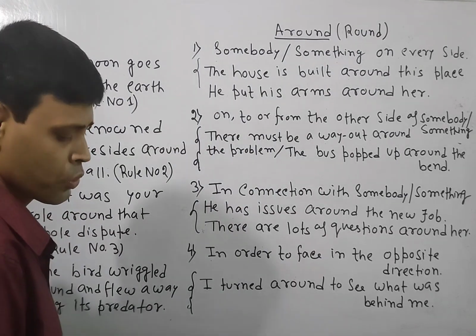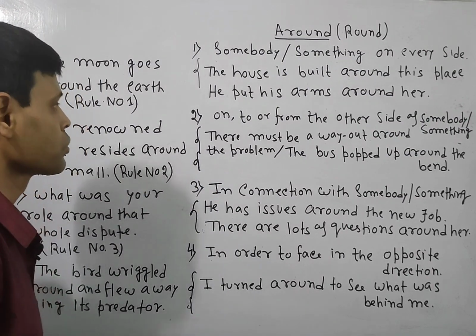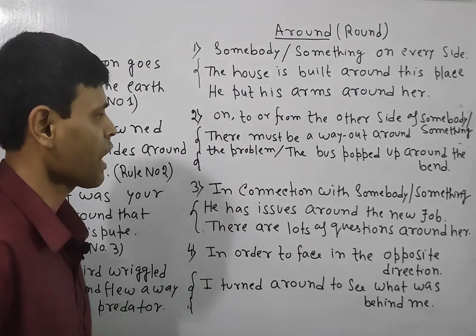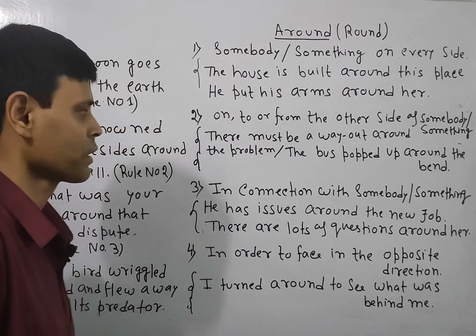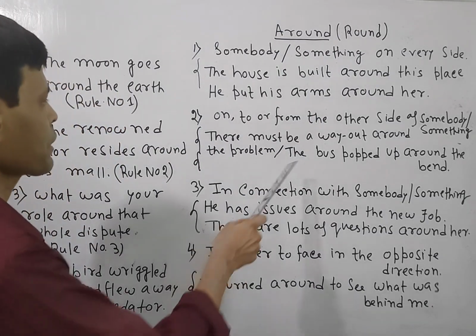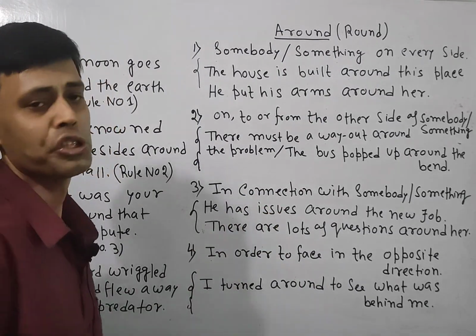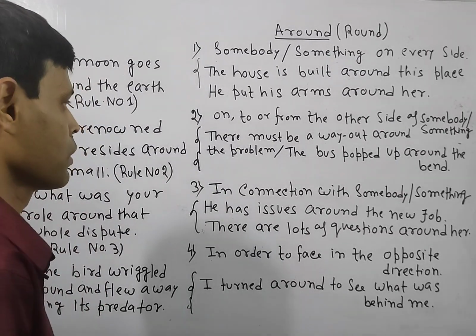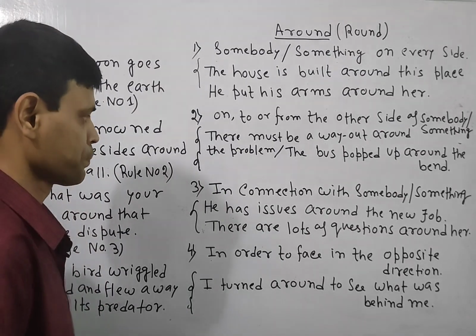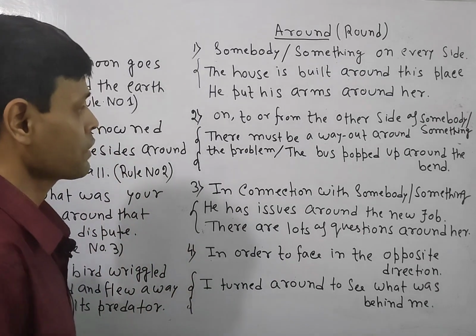Now if I go over the next rule: on, to or from the other side of somebody or something. For example, there must be a way out around the problem. Way out means solutions. So what does it mean?